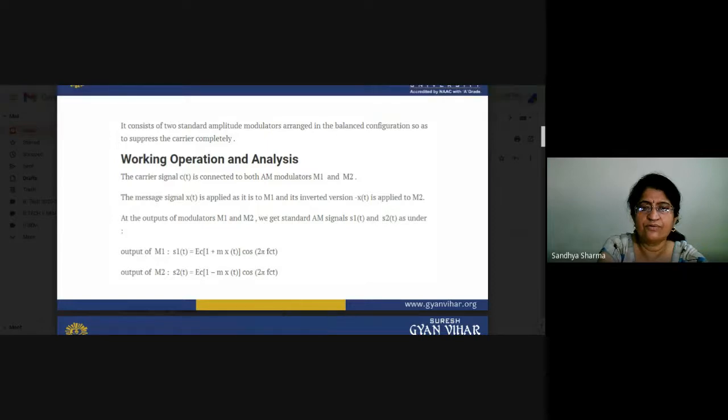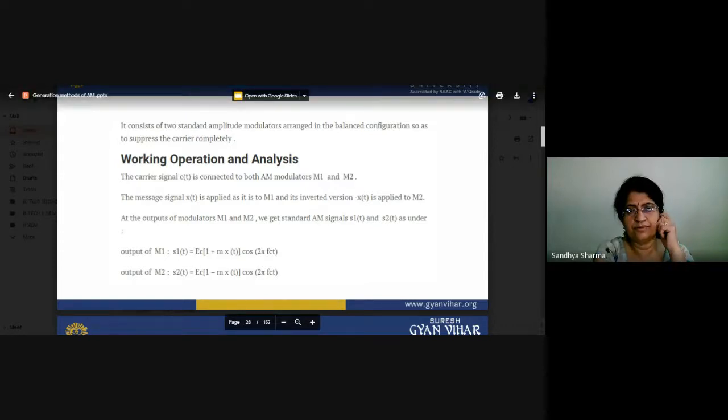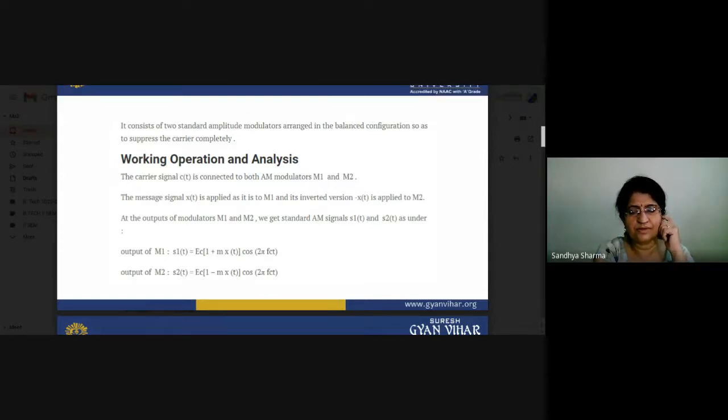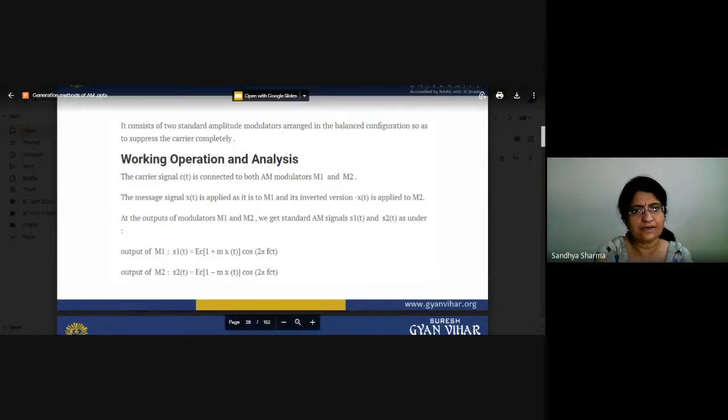What is your output voltage? That is Ec(1 + x(t)) cos ωct, which is basically the product of modulating signal and carrier signal. Again at the output of M2 there is the same process, a product of both signals. The carrier signal is connected to both the AM modulators M1 and M2.